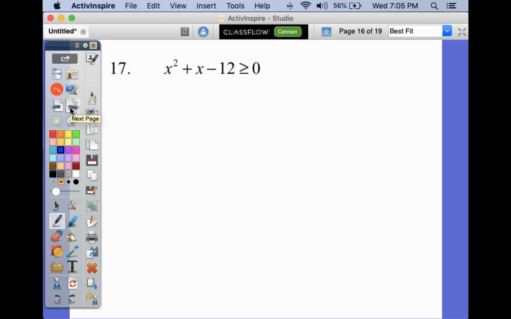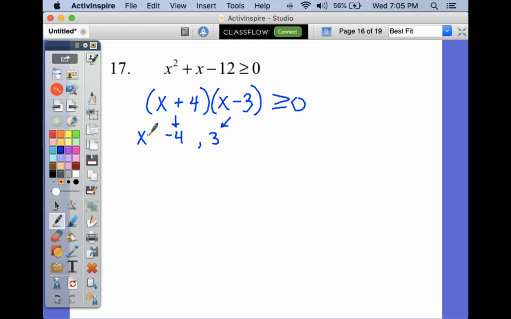Okay, the last two problems are inequalities. These should be fairly easy to solve as far as factorable goes. x plus 4 and x minus 3. So our solutions are negative 4 and 3. Those are going to be our number line points. Okay.